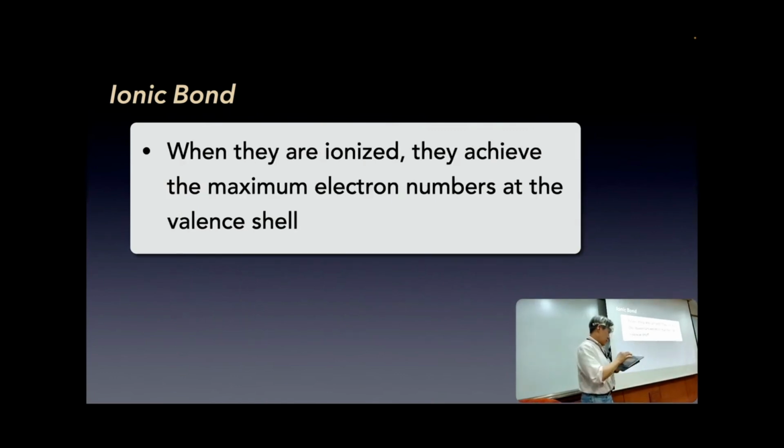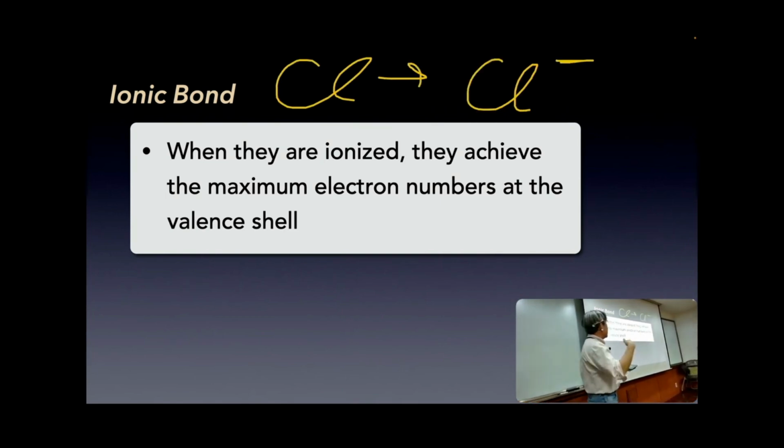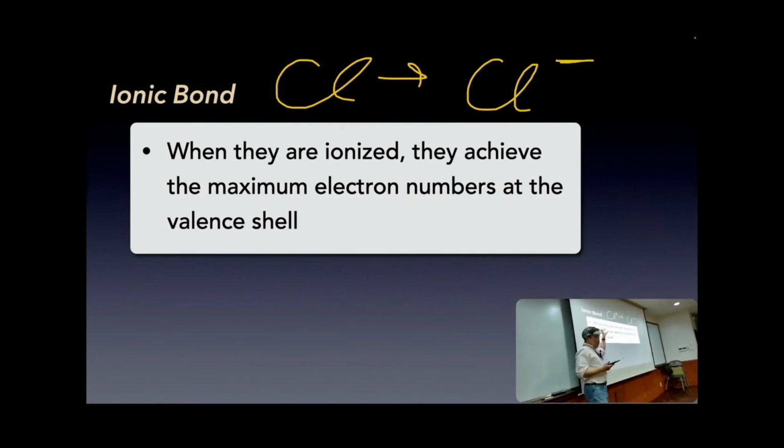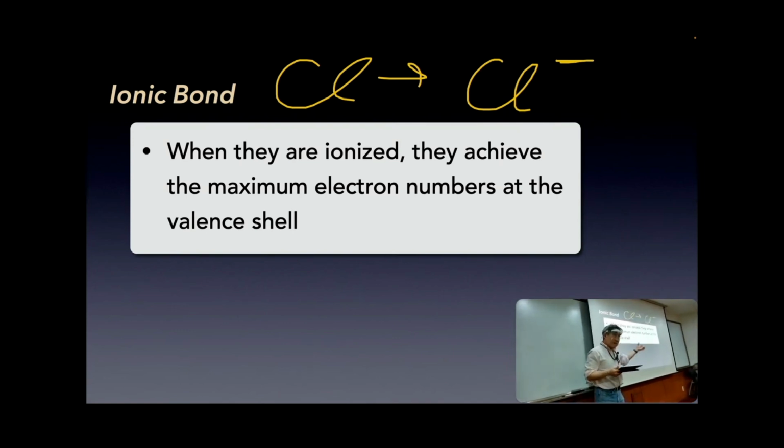And chlorine can also become ionized, as a negatively charged ion. When it's an element, chlorine becomes an ionized, negatively charged ion by gaining one extra electron.